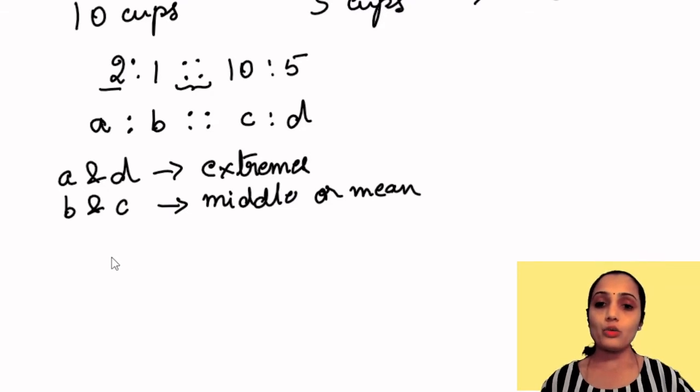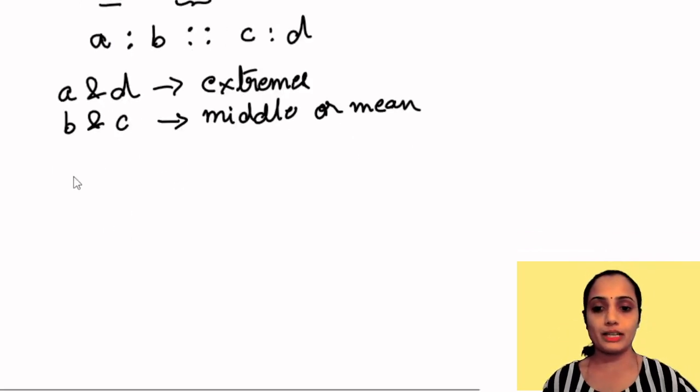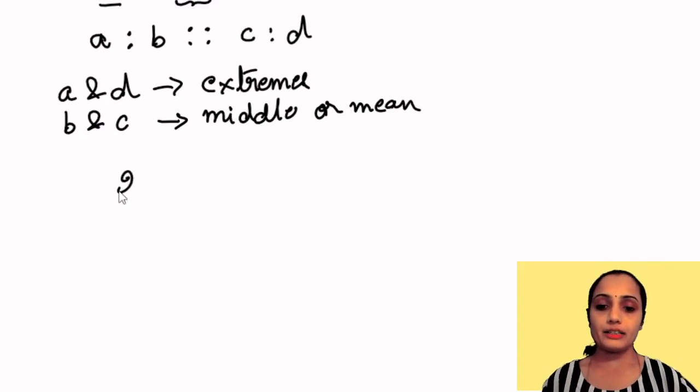Now how do we find out if the 4 terms are in proportion or not? Let's come back to the same example. 2:1 is proportional to 10:5. Now if I write this in terms of fractions, I'll write this as 2/1 and 10/5.